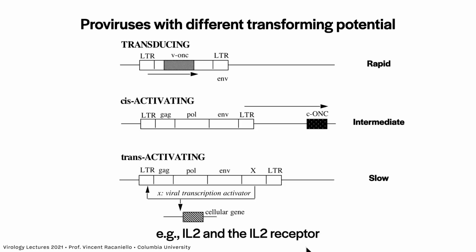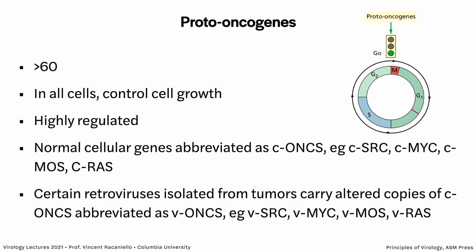Someone asked, could I explain one more time the distinction between C and V oncs? So C onc is the name of the gene in the cell that encodes the oncogene that's involved in growth control. And V is the viral version. These are when retroviruses pick up the C onc and carry it in their genome. So in some cases, it's the same gene.